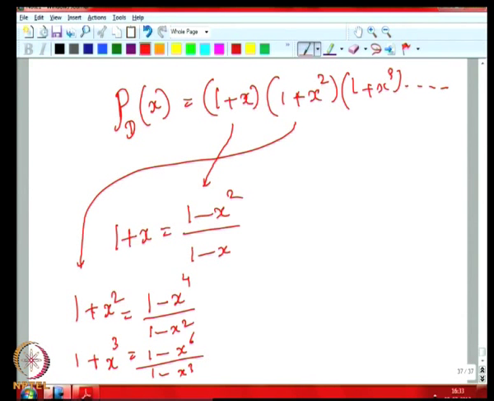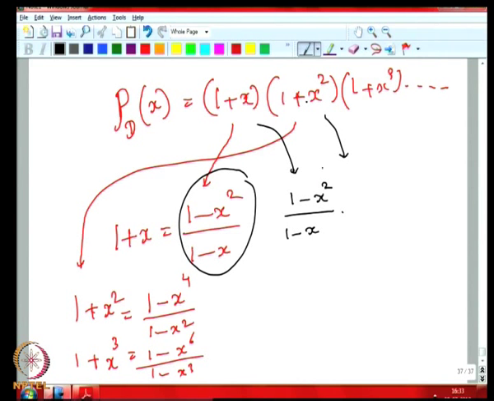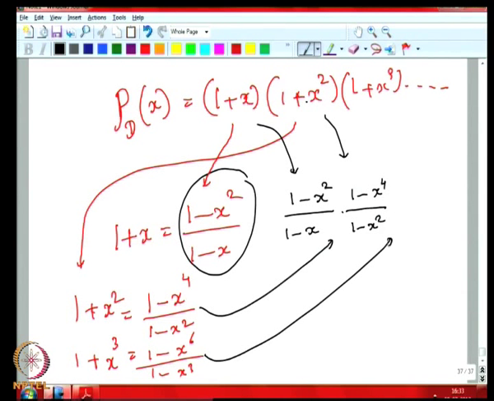Now, we substitute here. So it's 1 minus x square by 1 minus x, into 1 minus x raised to 4 by 1 minus x square, and this will come here 1 minus x raised to 6 by 1 minus x cube, and so on. Now you know, in the upper part we have 1 minus x square, 1 minus x raised to 4, 1 minus x raised to 6, all 1 minus x to an even power.